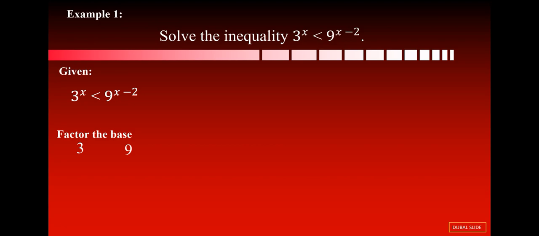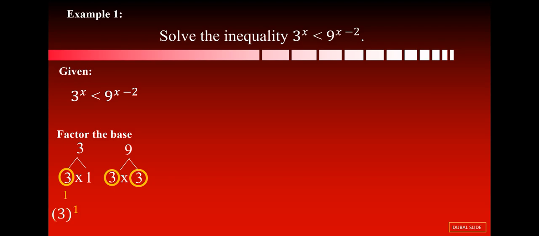So factoring 3, that is 3 times 1. For 9, that is 3 times 3. As we can observe, we have a common factor here, which is 3. And we are going to use this number to represent it in exponential form.